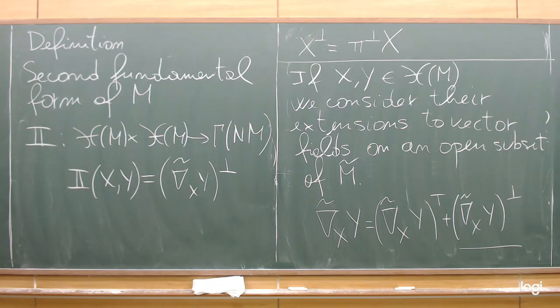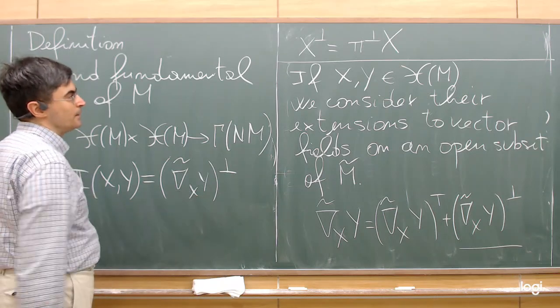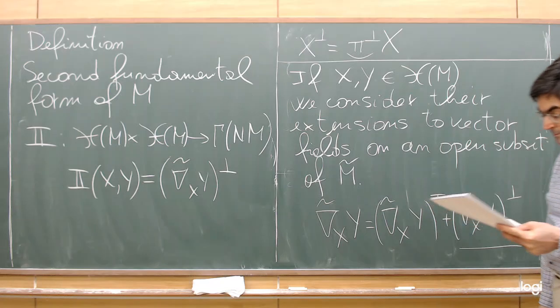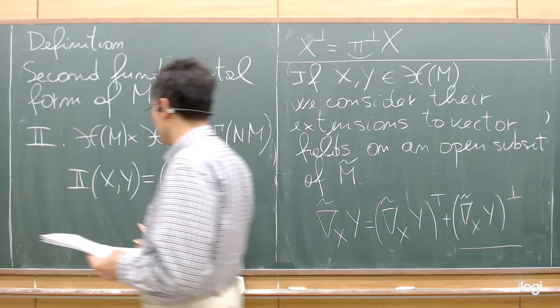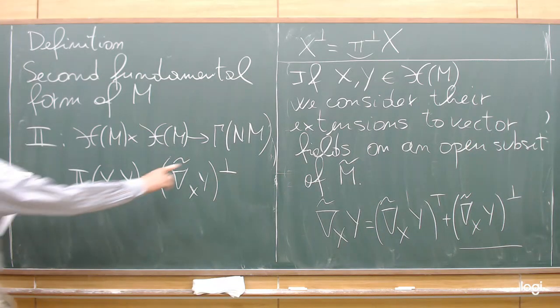Since this is the image of the map pi orthogonal, which is smooth, this is clearly a smooth section of NM.